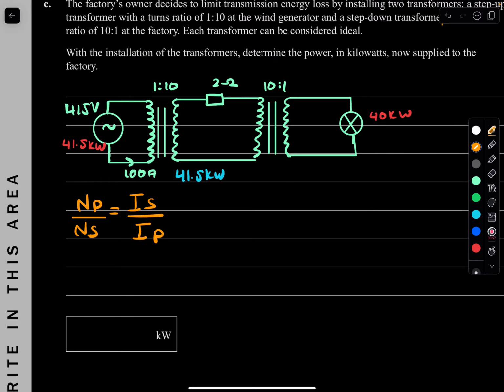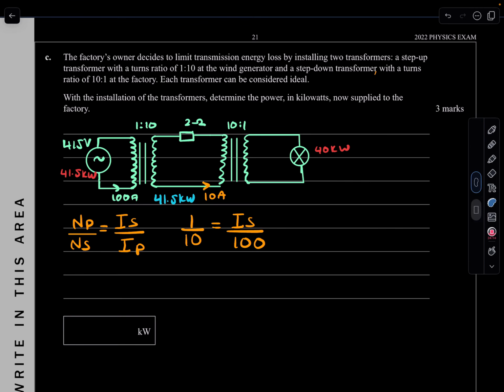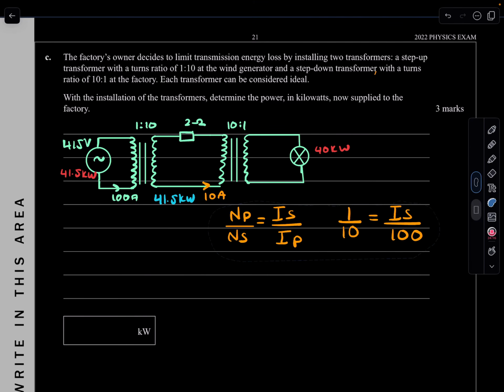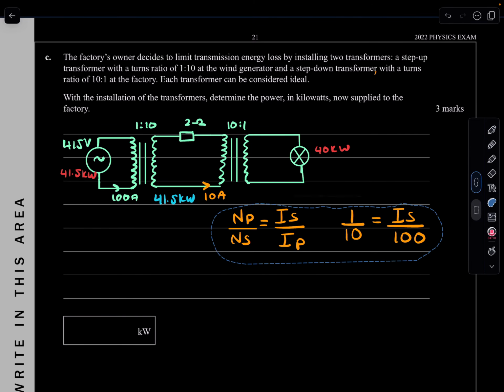Your number of turns primary to secondary is 1 to 10, so in the secondary there will be 10 amps of current. So we've calculated that. I'm going to put this a little bit on this side, right over here.